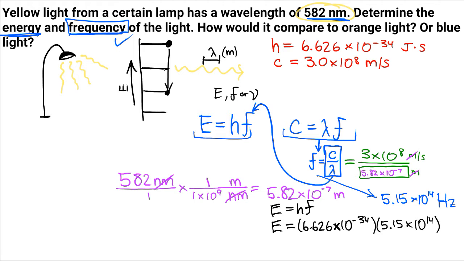So I'm going to multiply them together, and I'm doing this right now, 6.626 times 10 to the negative 34, and that gives me an energy of 3.42 times 10 to the negative 19th power, and it's energy, so our unit is joules.